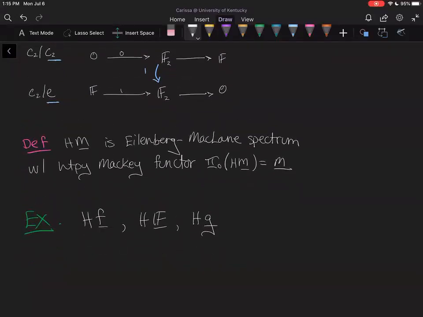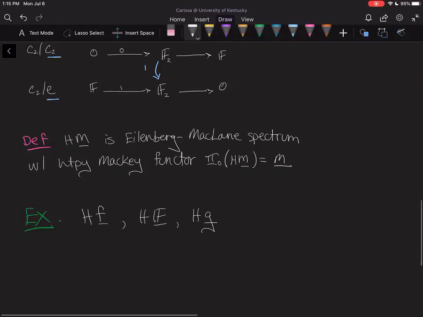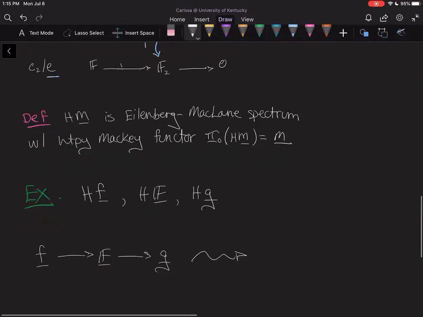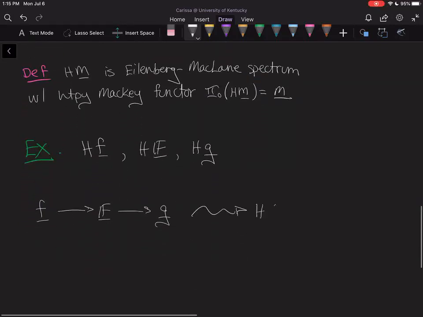Now, we have some pretty great things we can do with short exact sequences of Mackey functors. This short exact sequence, when you turn each of these Mackey functors into an Eilenberg-MacLane spectrum, well, you get a cofiber sequence.